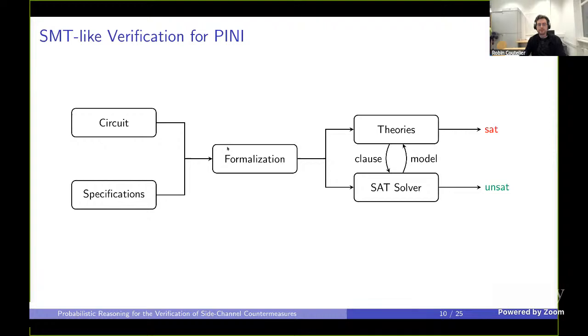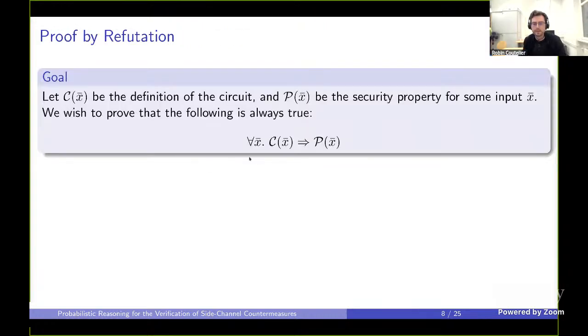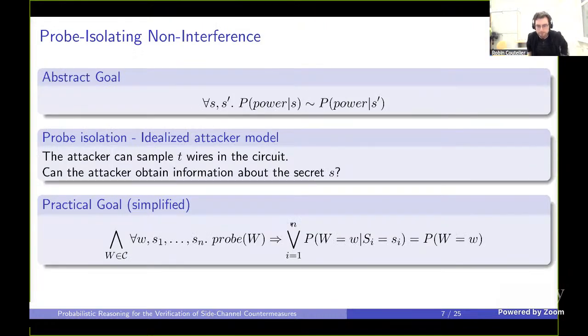Okay, so this formula is a little bit complicated. What do we have there? We have some conjunction, disjunction, so that's Boolean structure. We also have the fact that we probe a certain number of wires, that's pseudo-Boolean. And we have some probabilities, which are equality plus some special functions.